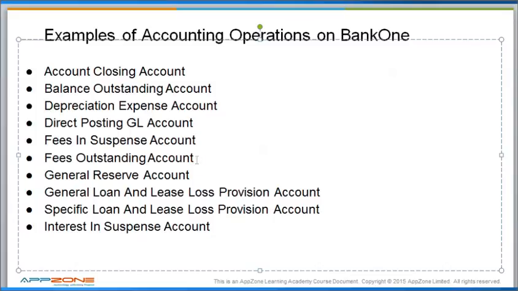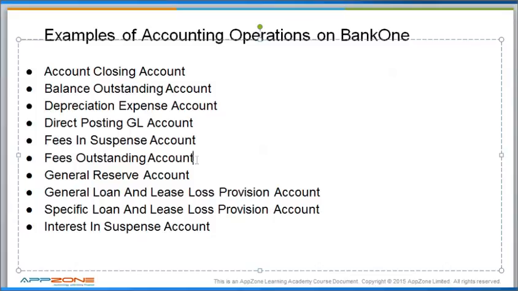For fees outstanding account, it also works hand in hand with the fee in suspense. So whenever a customer is owing the bank a fee, the system will automatically move such value into the fee outstanding account.